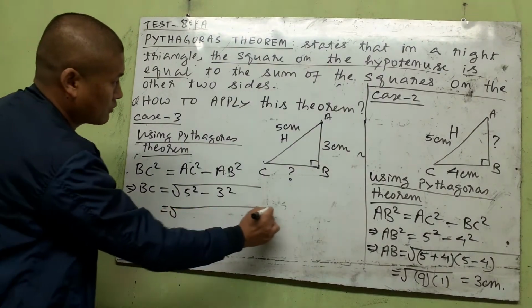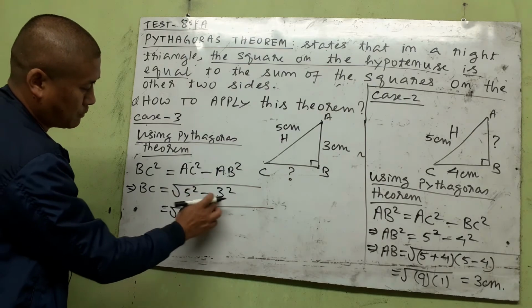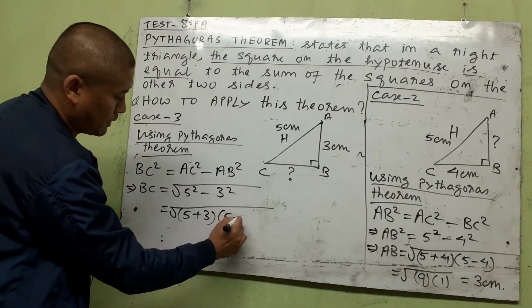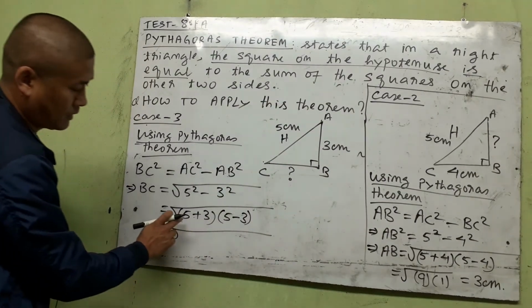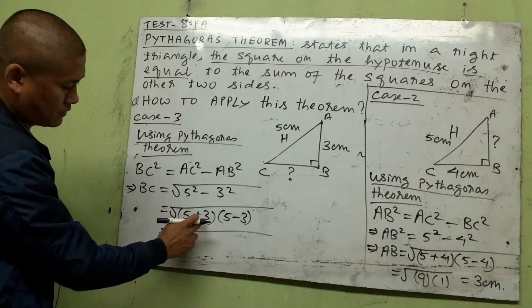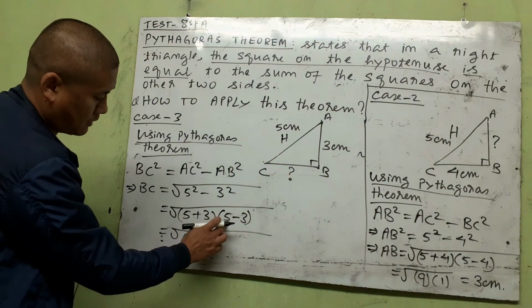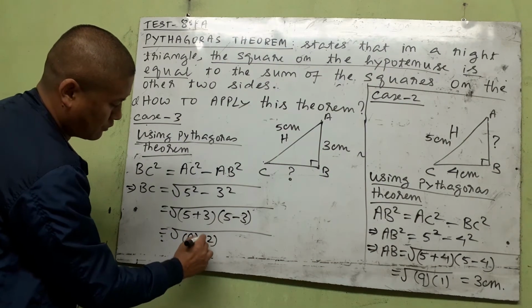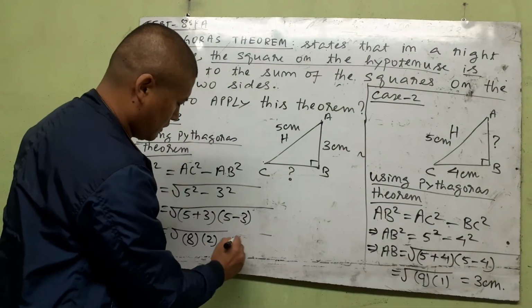So apply that A square minus B square formula again: A plus B, where A is 5, into A minus B, where B is 3, then root over 5 plus 3 is 8, right? And 5 minus 3 is 2. So we can just do it like this to keep it simple.